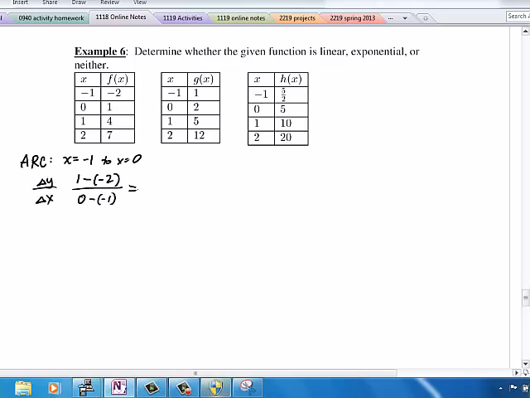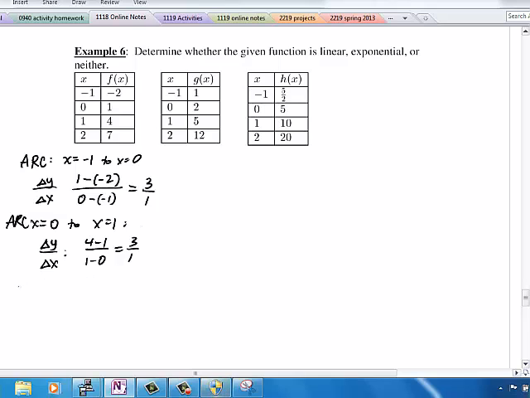So that's just 3 over 1, right? From x equals 0 to x equals 1, again, just tracking that average rate of change for the first function, we have 4 minus 1 over 1 minus 0, so again, 3 over 1.